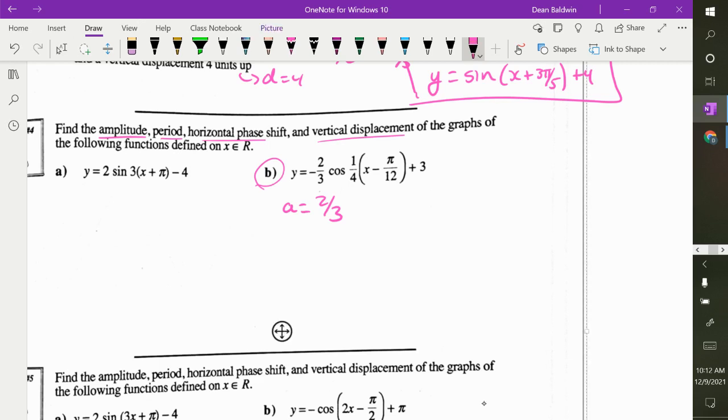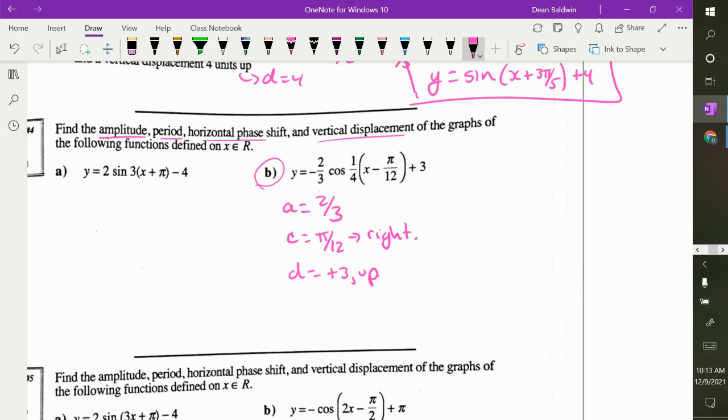What is the C value? It's pi over 12, which means we went, did I go right or left? Right. What's up, Leo? What do you do with 1/4? We're gonna do that at the end. Yeah. D is plus 3, so we went up. Okay.